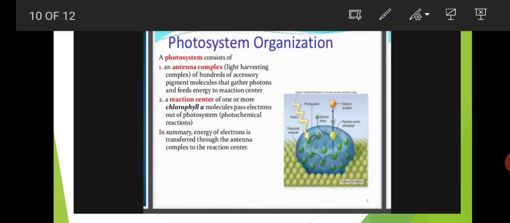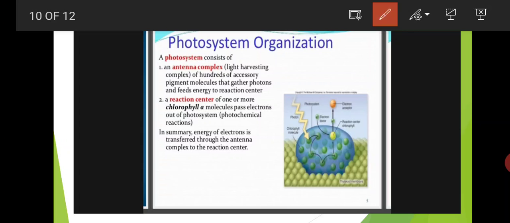The next application of chlorophyll is photosystem organization. A photosystem consists of an antenna complex, that is the light harvesting complex, and a reaction center.